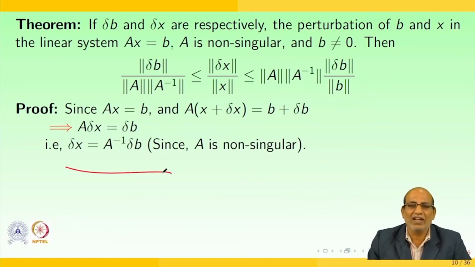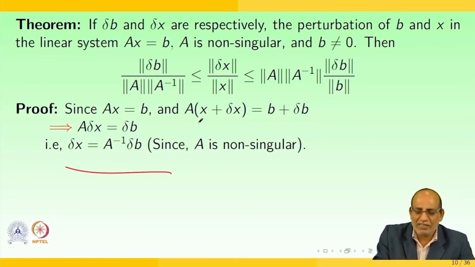Let us start with Ax equals B, and x becomes x plus delta x.